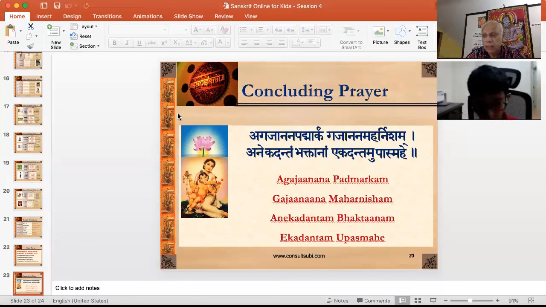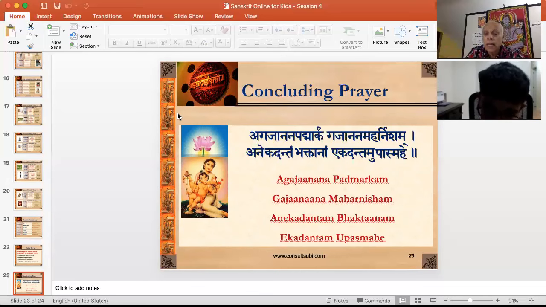Aharnisham means day and night. She is looking at him and she is so happy, like a lotus looking at the sun, blooming so nicely. Ganesha's mother is very happy to look at him day and night, and she is blooming like a lotus. You see the lotus flower there on top.